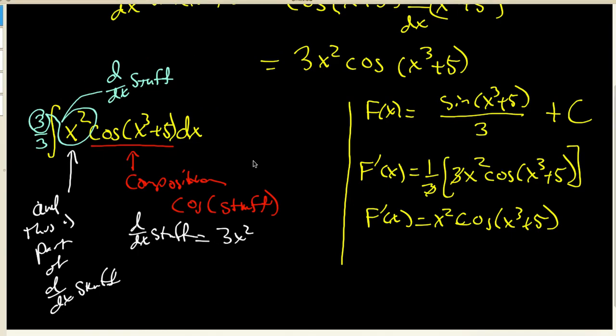And this process is going to rewrite the integral as 1/3 times the integral of the cosine of stuff, and then there's going to be a d stuff. We're going to have to formalize this in much more detail, but that will give me 1/3 of the sine of stuff.